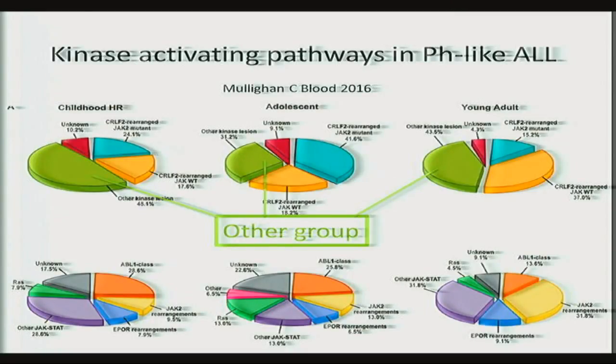But if we look at the BCR-ABL-like group, we found that most of the patients have different lesions which activate different pathways related to the kinases. This is somehow good news from the patient's point of view, because most of the lesions can be targetable.